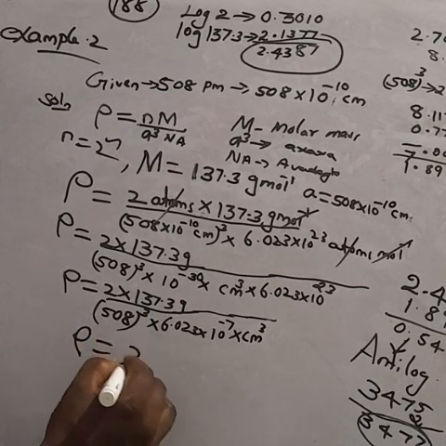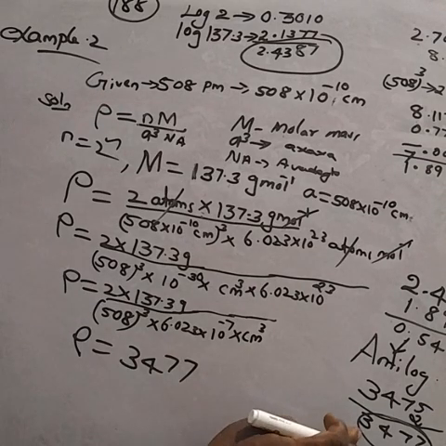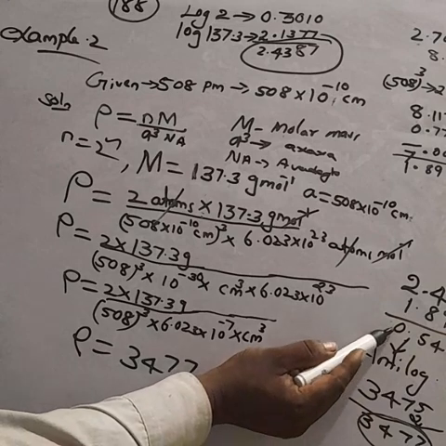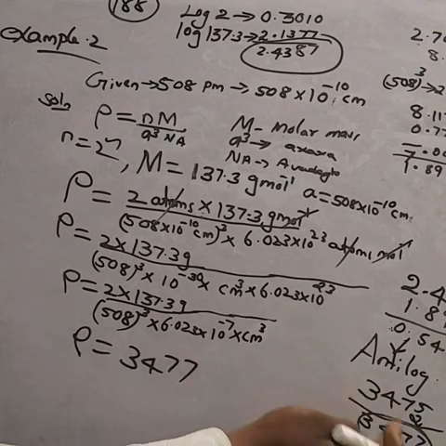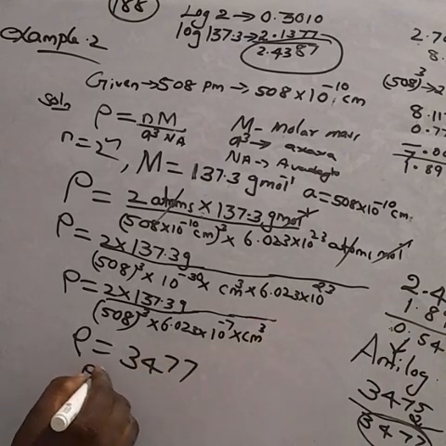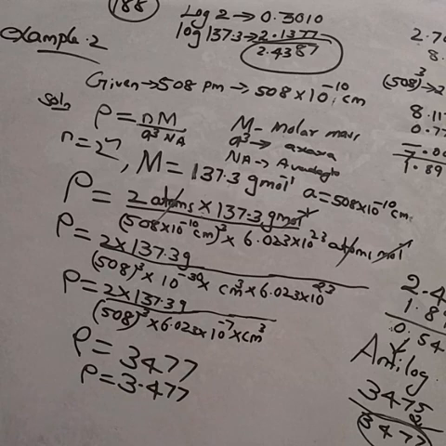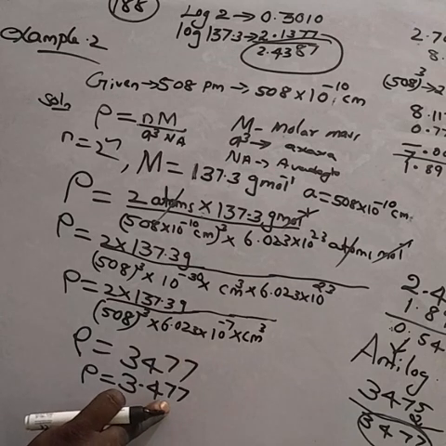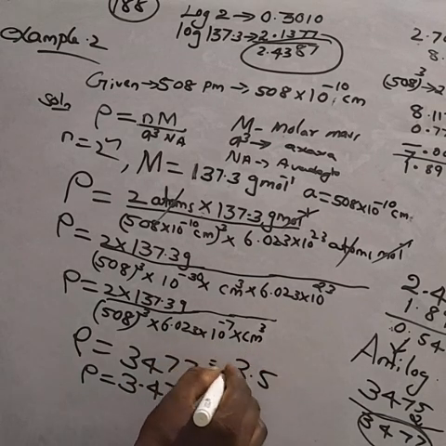My dear children, for the anti-logarithm of 0.5412, am I right? So we get, make it after 1 point, 3.477. What's the answer? 3.477. So you have to round up this one. How can you round up this one? Because it is more than 5. Am I right? So 3.5 is the answer. This is our answer.